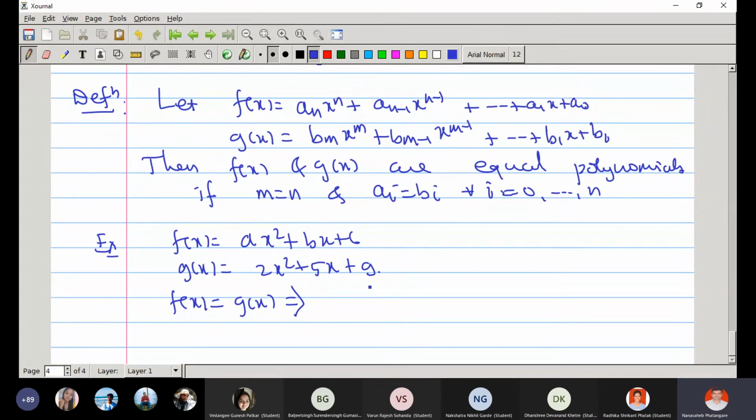A is equal to 2, B is equal to 5, and C is equal to 9. Then only we say that these two polynomials are equal.